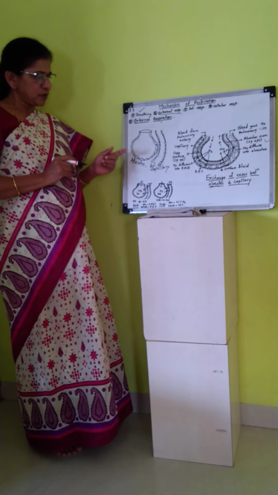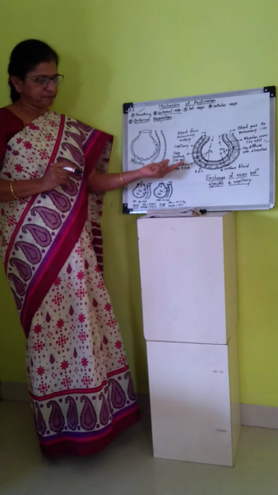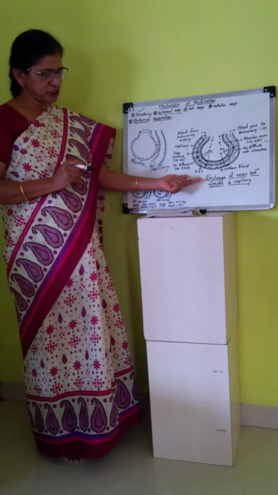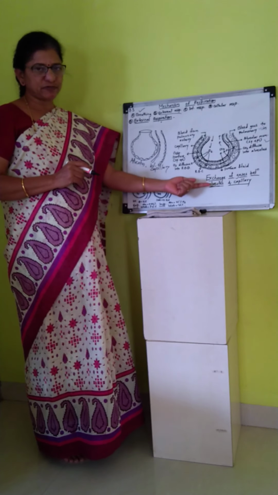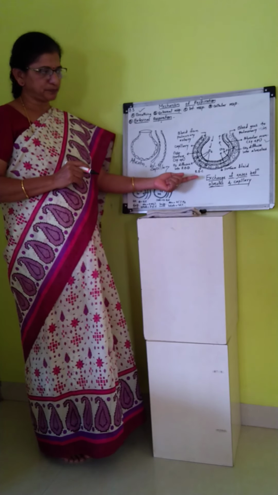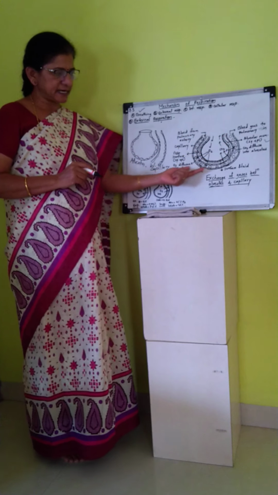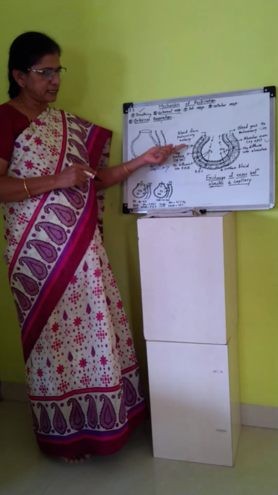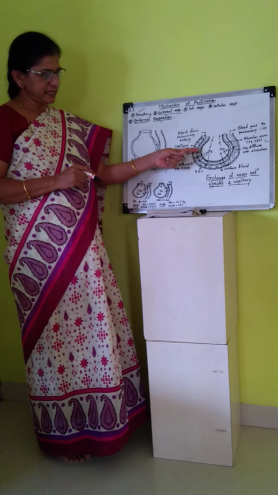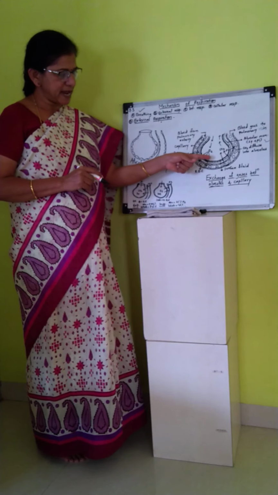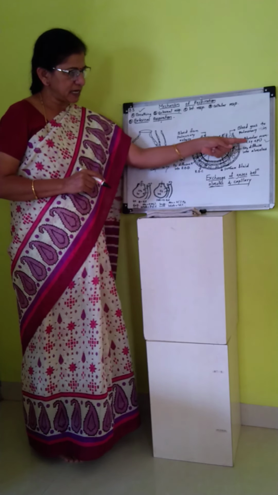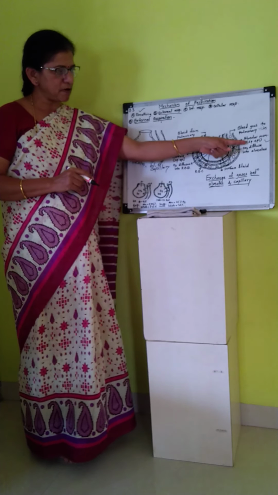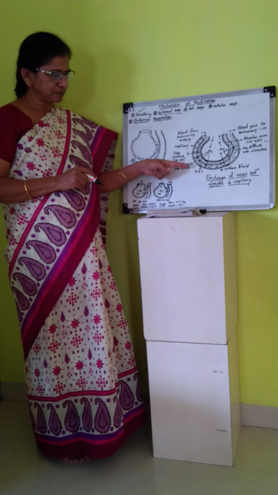Yeah? In this diagram of exchange of gases between alveolus and capillary, which was given in our textbook, all these details are given. This is the actual alveolus having an alveolar membrane made up of squamous epithelium.